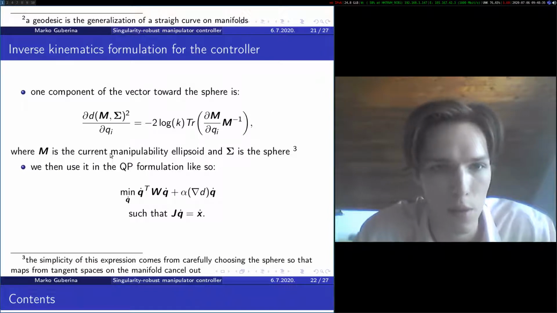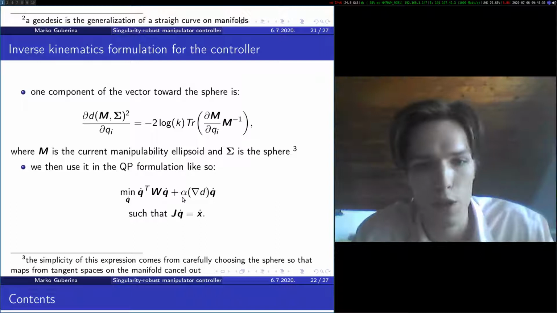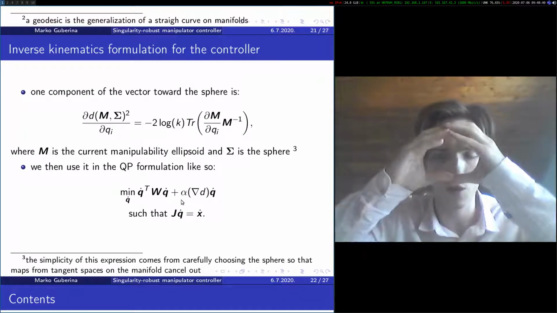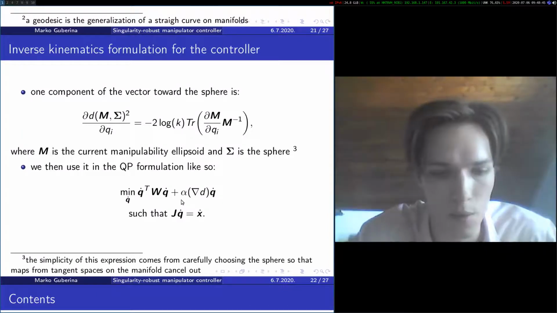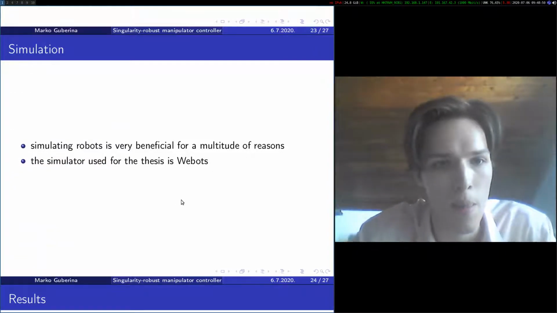So this is how you compute parts of the vector, and then we put it in the QP formulation like so. And this way we always stretch the ellipsoid towards the sphere, and we always avoid singularities, which are points where the ellipsoid collapses. Okay, so now let's talk about results.